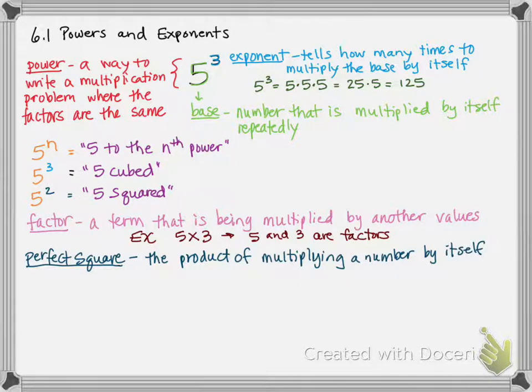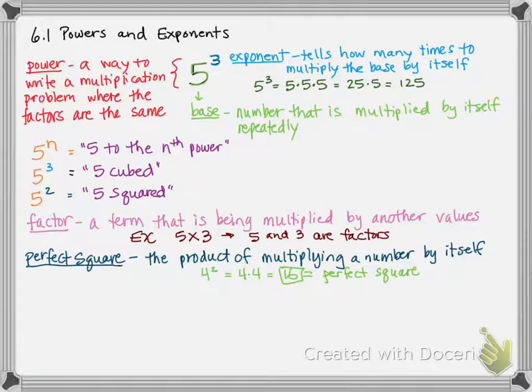So an example would be, if I took 4 and squared it, that would be the same as saying 4 times 4, which gives me 16. 16 is called a perfect square. So the answer of multiplying a number by itself is called a perfect square.